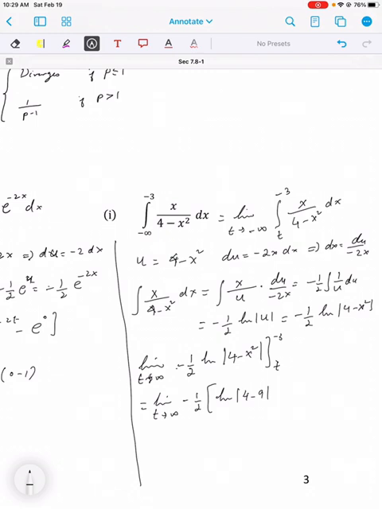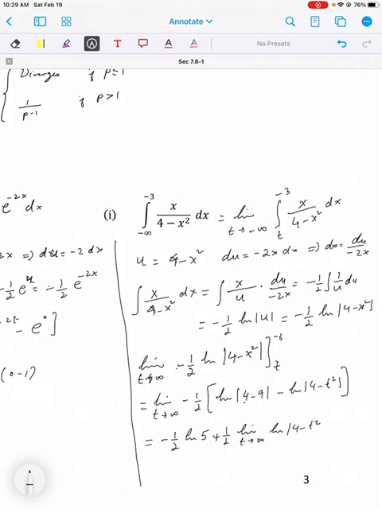But notice here, we get negative 1/2 ln of 5 plus 1/2 times the limit as t goes to infinity of ln of the absolute value of 4 minus t squared. Now notice that as t goes to infinity, this quantity will go to infinity, and ln of infinity goes to infinity, so that this is infinity. So this diverges. So this is how we solve these improper integrals when we have infinite intervals.